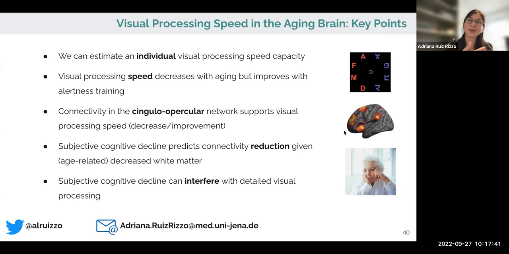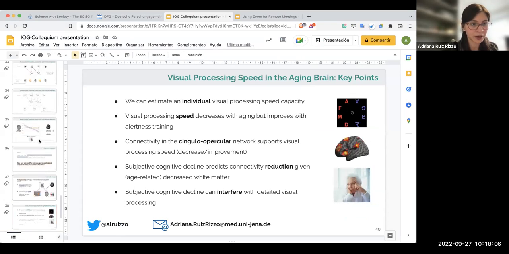So we would like to extrapolate what we see in children and development, and we would hope to see the same when there is some pathological process or pathological aging, but this doesn't seem the case. And I believe it also matches this change. I don't know if you remember this curve here of visual processing speed that also goes in opposite directions.